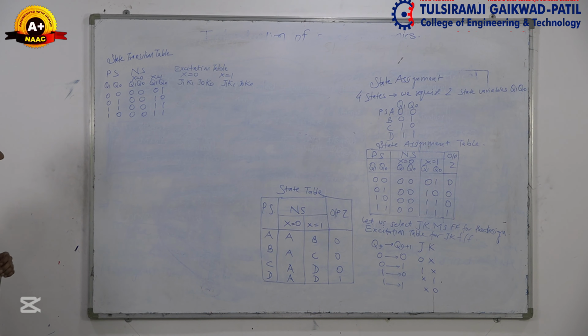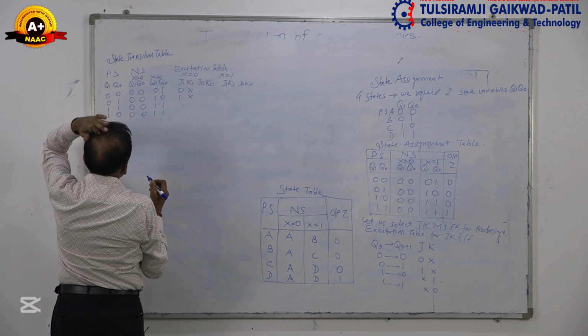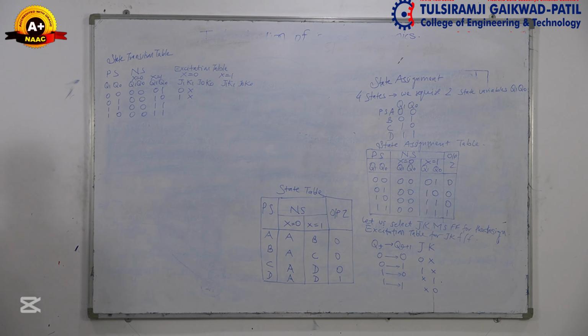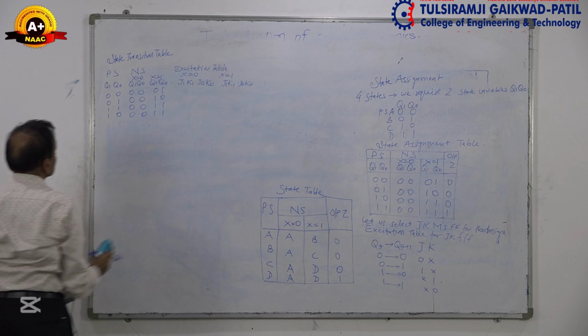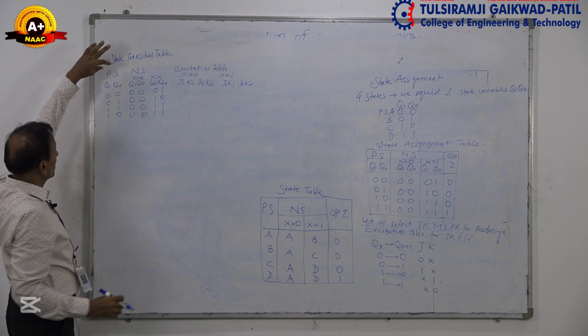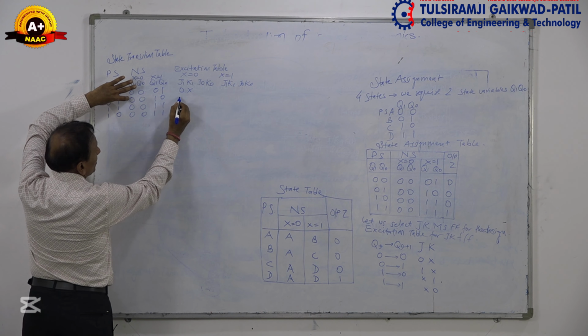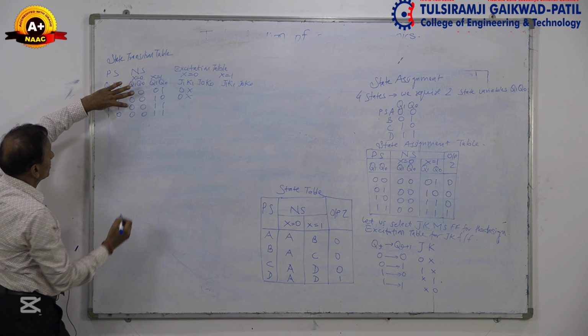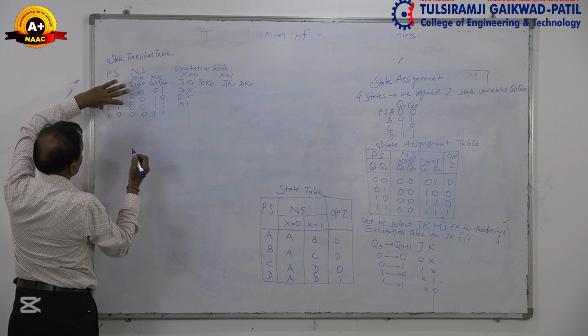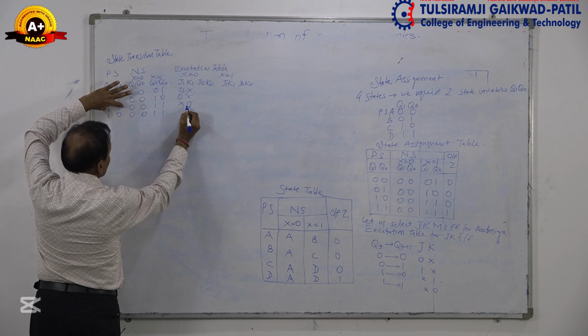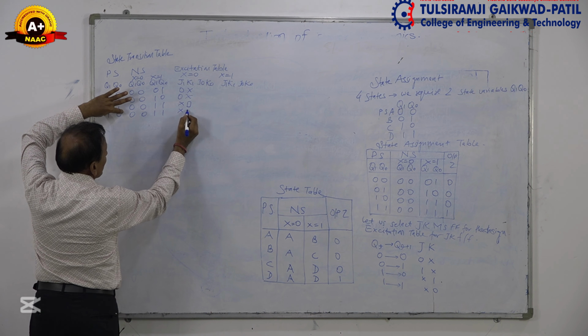So now we find that here 0 to 0 transition is there, 0 don't care, 0 to 1, 1 don't care. We are writing for x equal to 0, so we will see this Q1 to Q1: 0 to 0, 0 don't care, 0 to 0, 0 don't care, 1 to 0, don't care 1, sorry 1 to 1, it is don't care 0, 1 to 0, don't care 1.